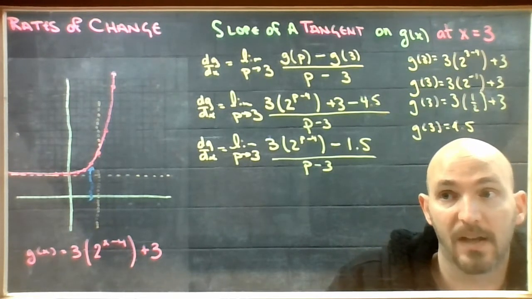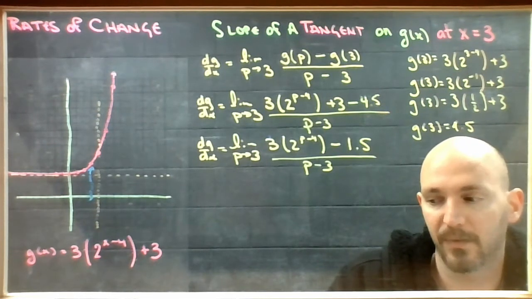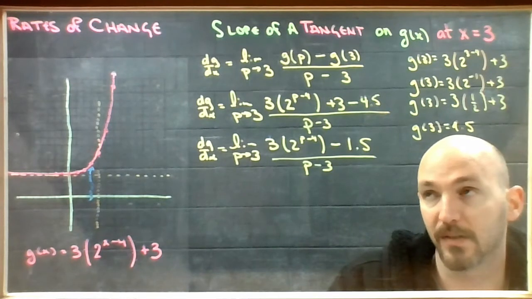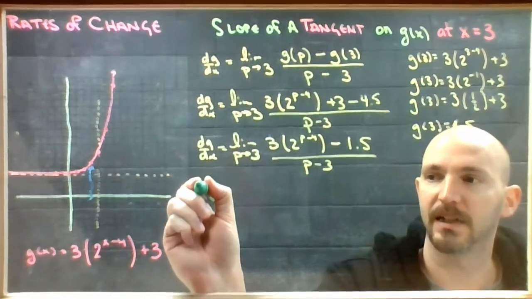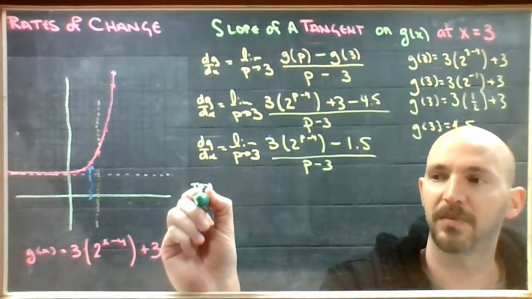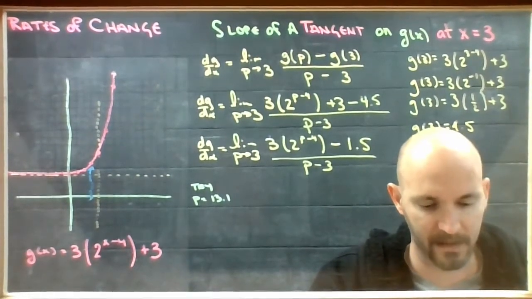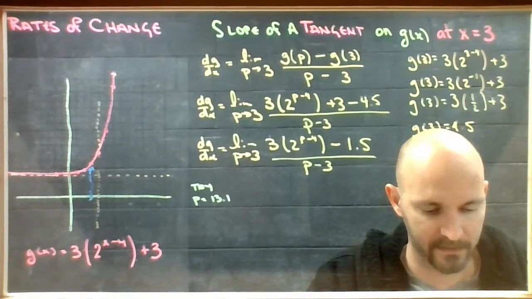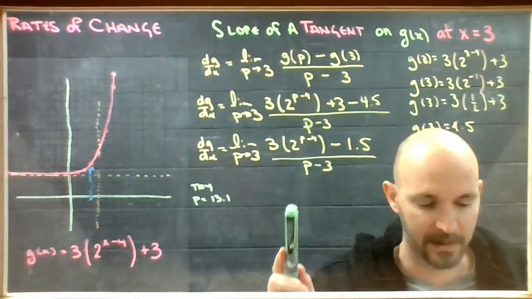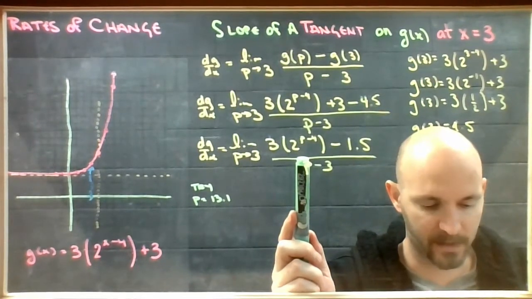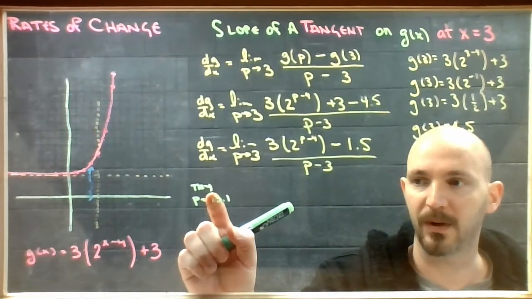So I'm going to have to try and pick some numbers that are close to 3. So let's try 3.1, 3.001, and 3.00001. Jot that in there. Try p equals 13.1. Alright, so if I do that, the numerator here would be 13.1. Why am I doing 13.1? I want 3.1.